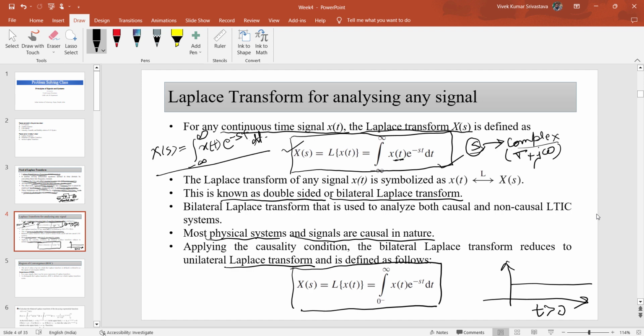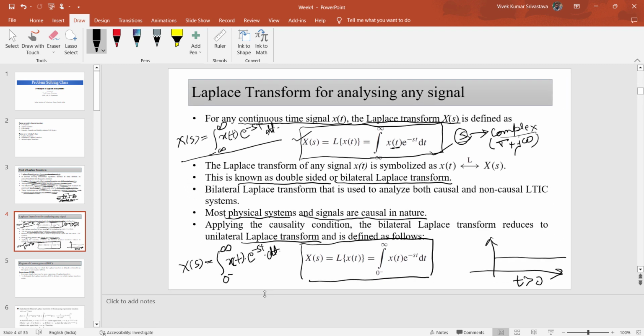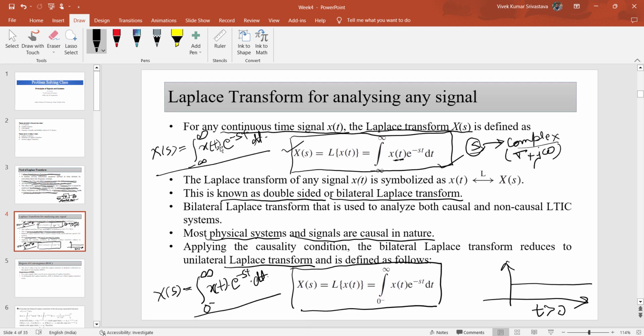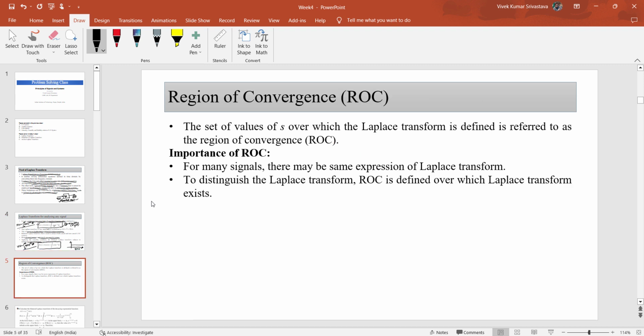Whereas for the unilateral Laplace transform we use this formula, where the limit starts from 0 minus and goes till infinity of x of t into e raised to the power minus st dt. By using these formulas we can easily find the unilateral as well as bilateral Laplace transform of any signal. Let us move ahead and see the region of convergence.